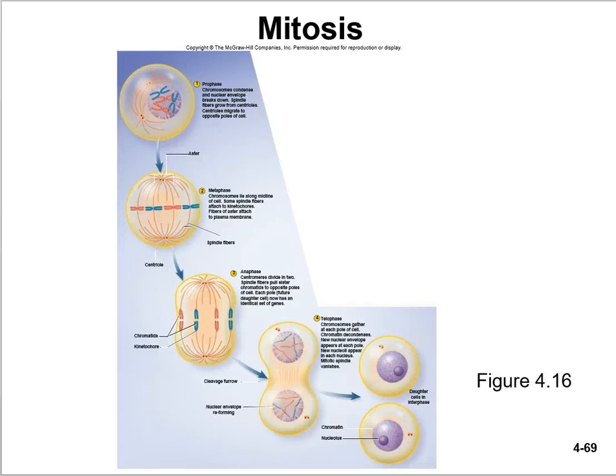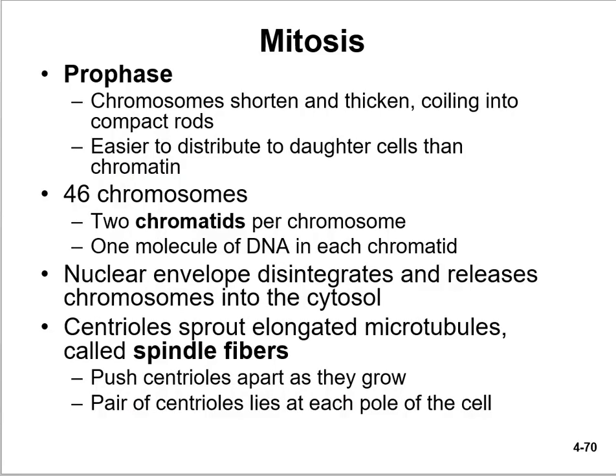Here's a diagram showing phases and a little summary of what happens during each one, and we'll go through that. If we were to look at a cell in prophase under a microscope, here's what we would see. We would see the chromosomes starting to shorten and thicken and coil into compact rods. This would be making it easier for us to actually see the chromosomes in the cell.